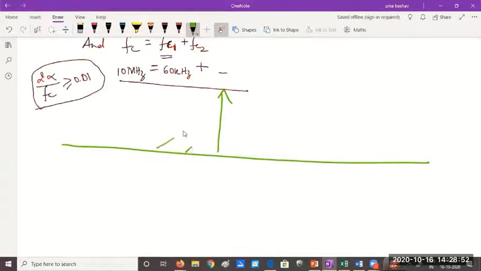The spectrum of the message signal is something like this. This is M of f. This is 300. This is 3.4. Let me consider this is f.